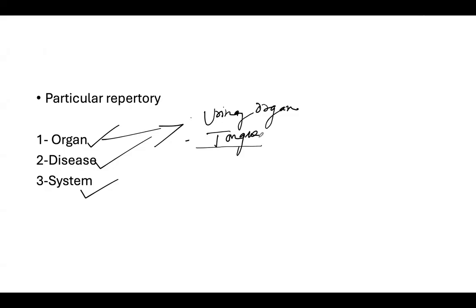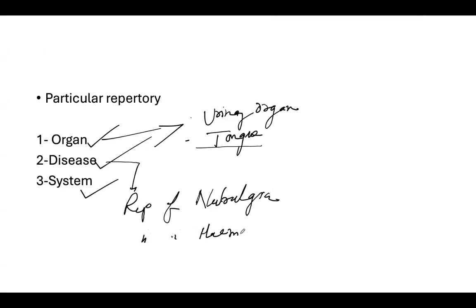Okay, so these are some examples of the particular repertory. Repertory of the disease, for example, a repertory of neuralgia, or the repertory of hemorrhoids. According to the system, that is repertory of the respiratory system and the repertory of the digestive system.